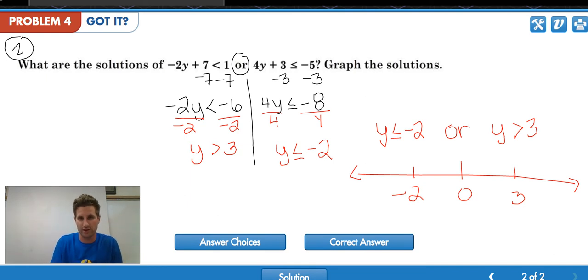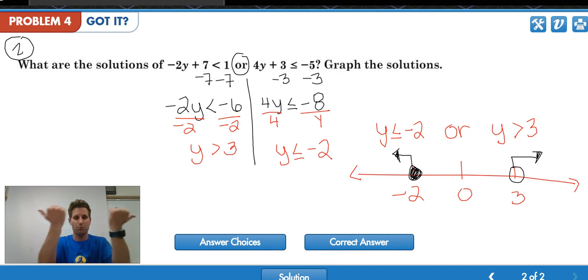They can't go towards each other. This is an open circle, and I'm going out that way. Y is bigger than 3, that makes sense. This is a closed circle, and y is less than. An and overlaps. This is not an and problem, it's an or problem, so it shoots outward when we graph.